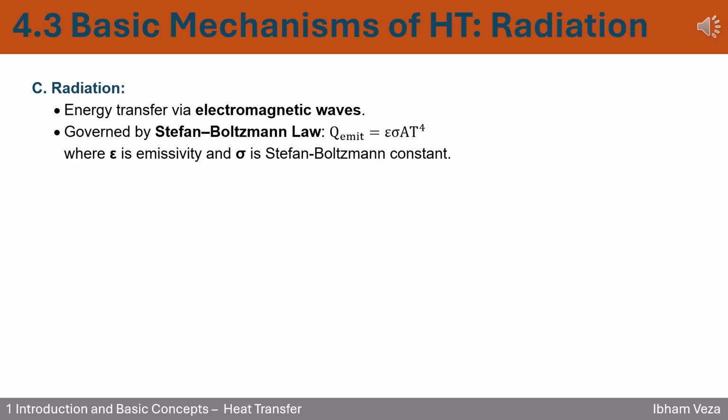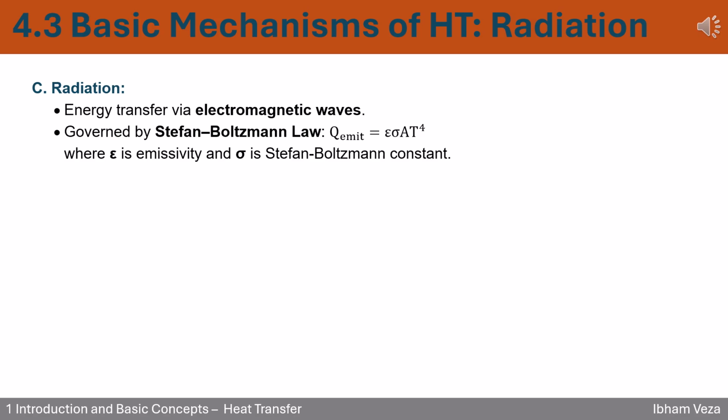4.3. Simplify radiation heat transfer. Let's finish with radiation, energy transfer that doesn't need a medium. Radiation travels through electromagnetic waves, even through a vacuum like space. The main principle here is the Stefan-Boltzmann law. It shows how the heat emitted increases rapidly with temperature.